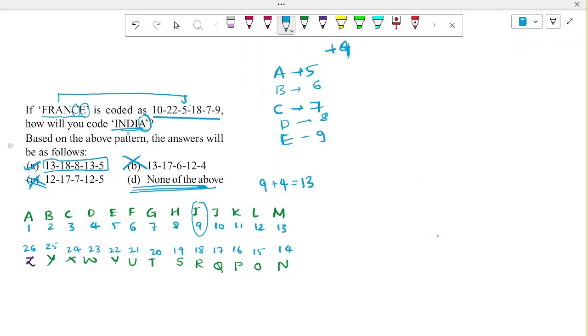You can see for D, D is 4 plus 4 is equal to 8 because this is our plus 4. That's why D will be 8 and they have given D as 8. Right? D as 8. So this is also simple.